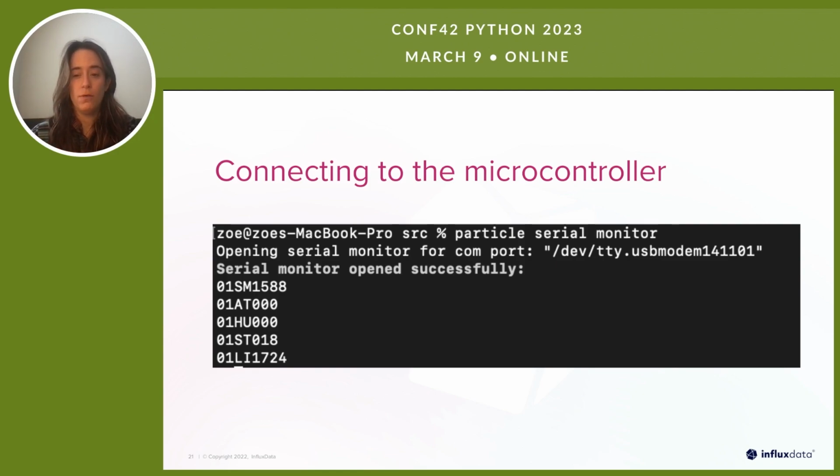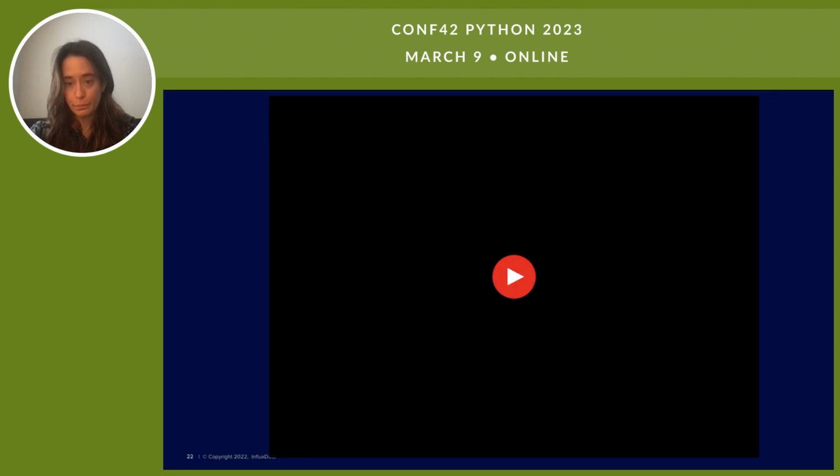This is an example of how the data comes in. When I run the command particle serial monitor, it shows me the data that is coming in. The sensor data is also highly varied, so I'll be skipping the details for how to clean up that data and tag it, which we need to do for our sensors. But all of this code is available on GitHub, so you can check it out there in more detail.